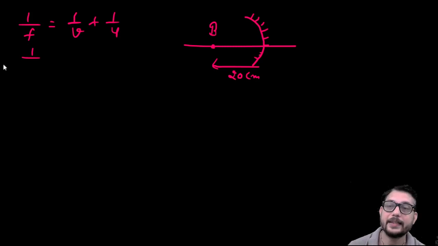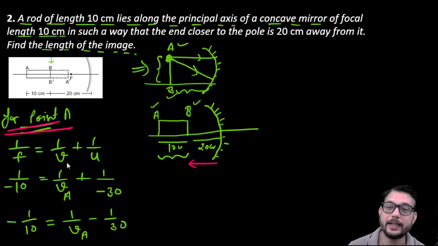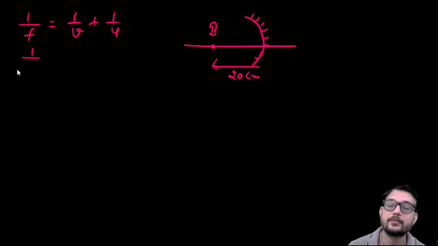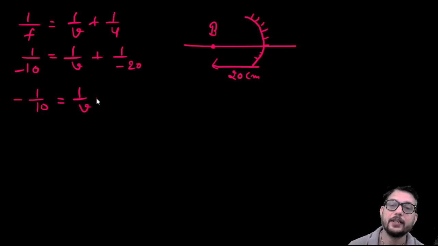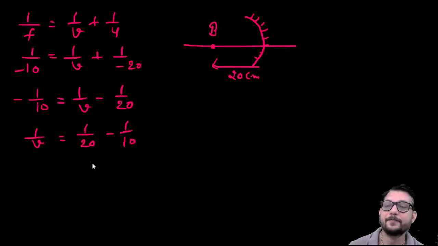Here f is given to you, that is minus 10. According to sign convention, u is minus 20. So it will be minus 1 by 10 equals 1 by v minus 1 by 20. So 1 by v equals 1 by 20 minus 1 by 10.